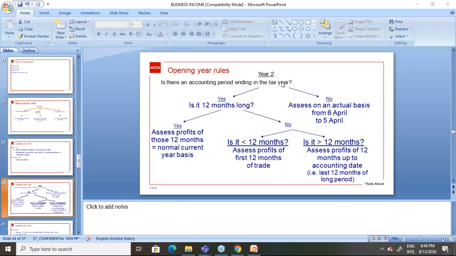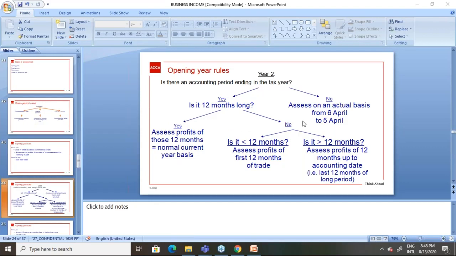First, you ask the question: is there an accounting period ending in the tax year? If the answer is yes, you ask the second question: is it 12 months long or not? Again, if the answer is yes, then the whole profit for that 12 month period must be taxed in the second year.